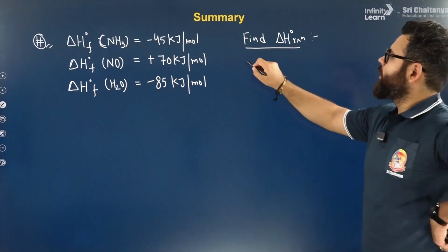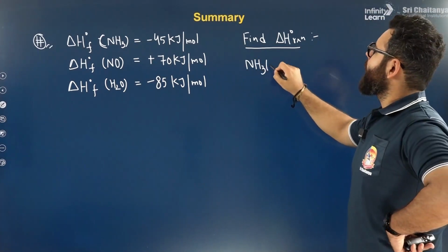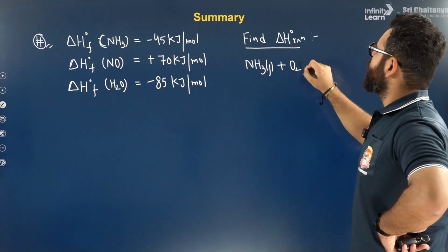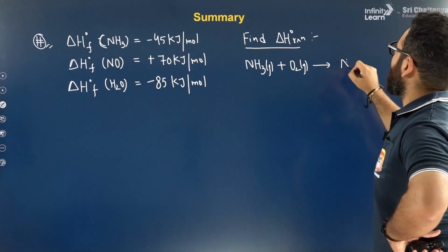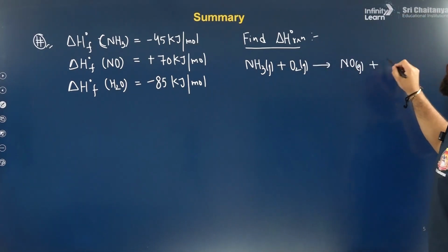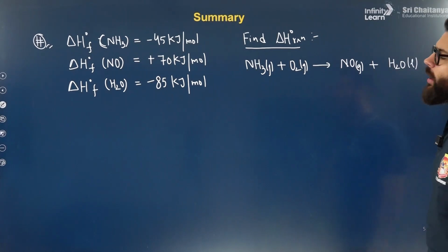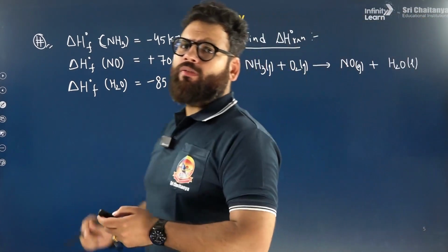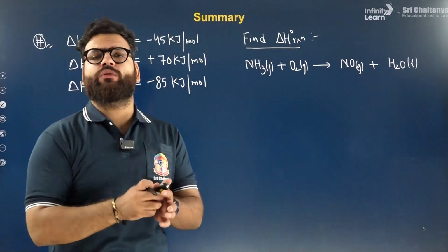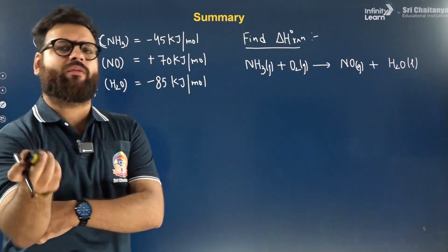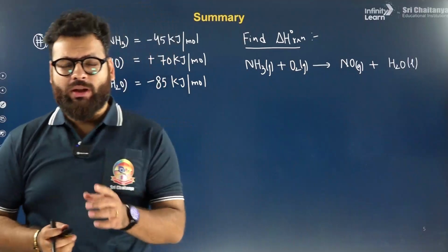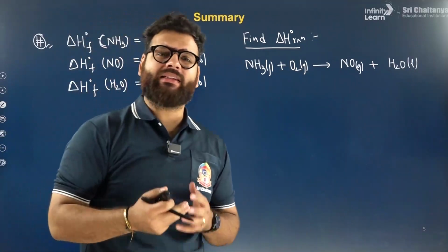The given reaction is ammonia reacting with O2 to give NO plus H2O, and they have already given you the balanced reaction. Whenever you are doing a delta H question, a balanced reaction will always be given, because if you change the balancing, the delta H will change. I told you delta H is an extensive property.